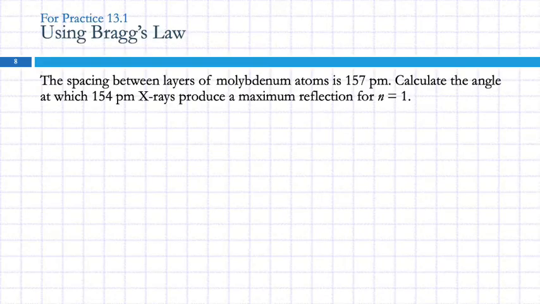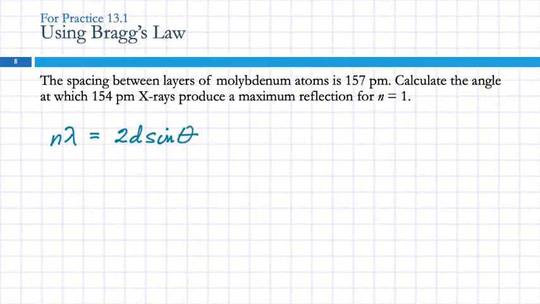So this is an example of a Bragg's law problem. The spacing between layers of molybdenum atoms is 157 picometers. Calculate the angle at which 154 picometer X-rays produce a maximum reflection for n equals 1. So this is using Bragg's law. n lambda equals 2d sine of theta.